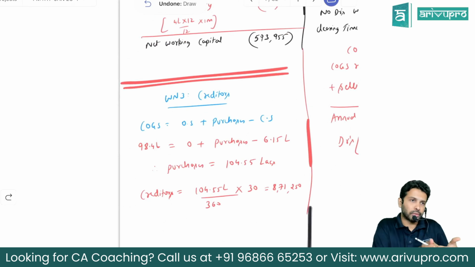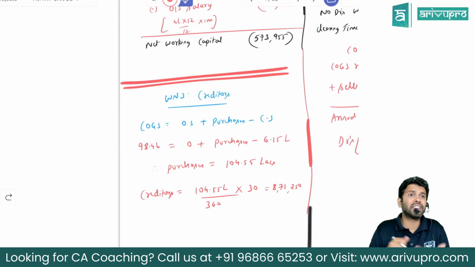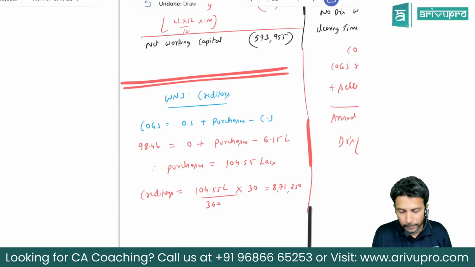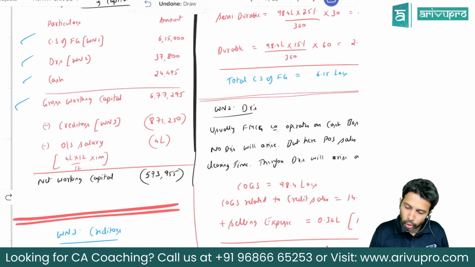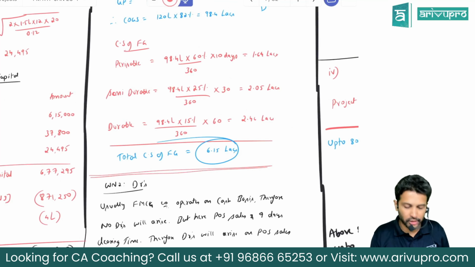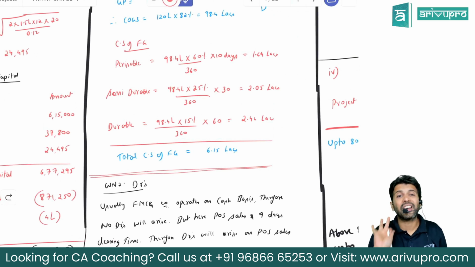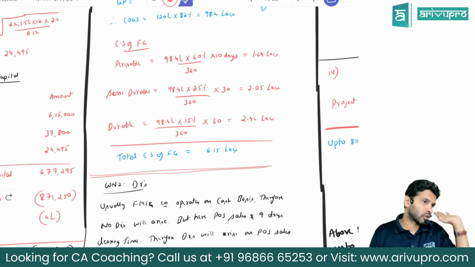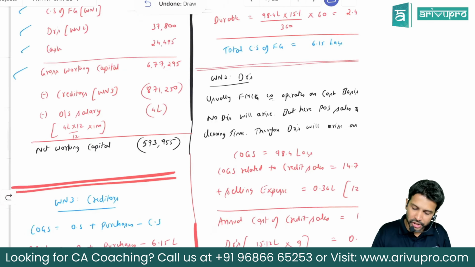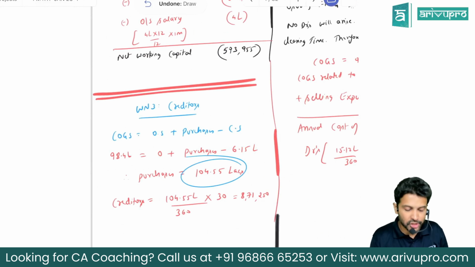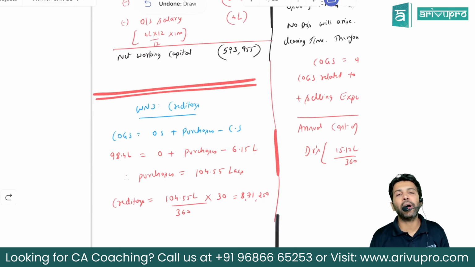It's a new store, though an existing company, so this is a new project. Will a new store have opening stock? 0. Purchases are what we have to find out. Closing stock we already got: 6.15. What about closing stock of raw material and WIP? It's an FMCG company, and retailers deal only with finished goods, so closing stock of finished goods is 6.15. Equate this and you get purchases of 104.55.